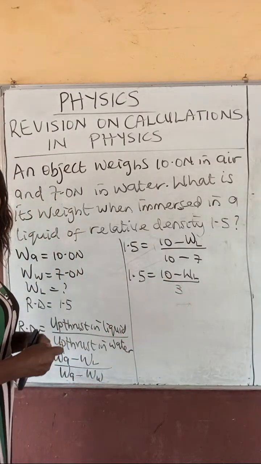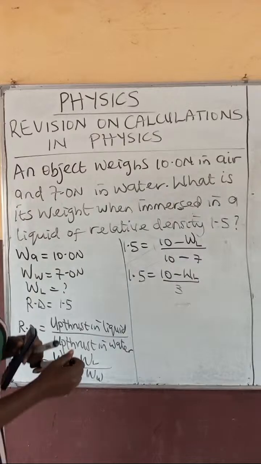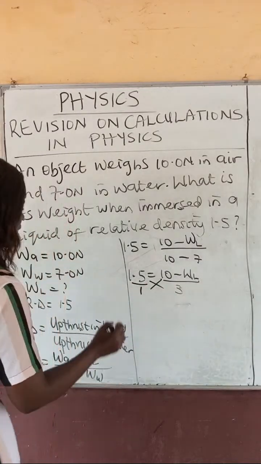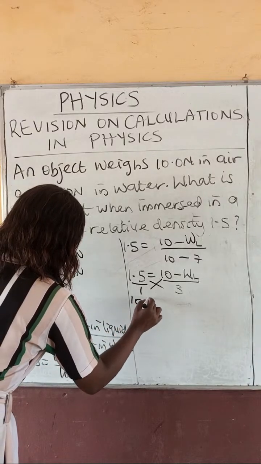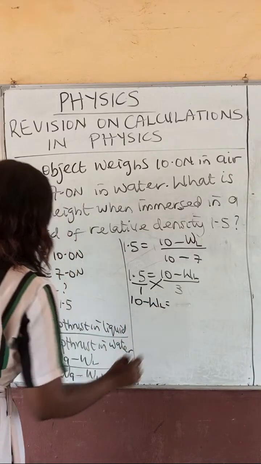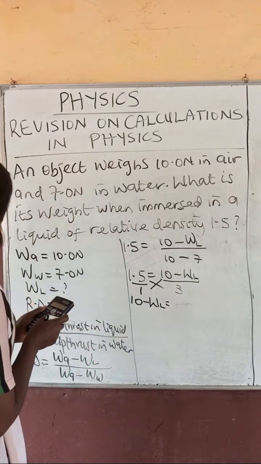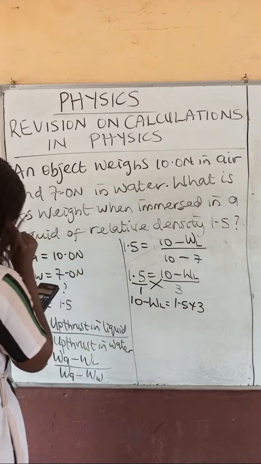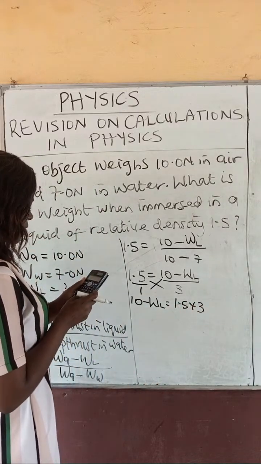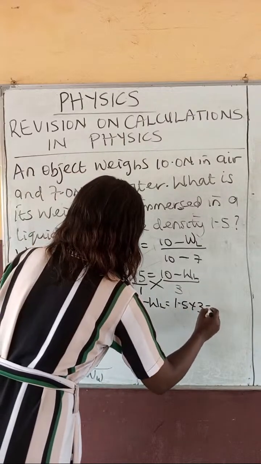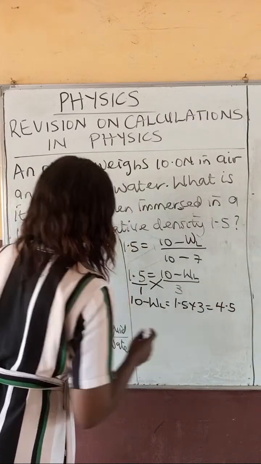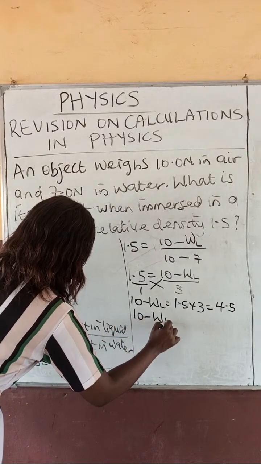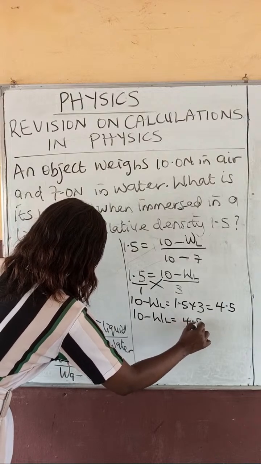So I will cross multiply. This will be over 1, cross multiply. So I have 10 minus weight in liquid is equal to 1.5 times 3, and when I multiply, I'm going to have 4.5. So 10 minus weight in liquid is equal to 4.5.